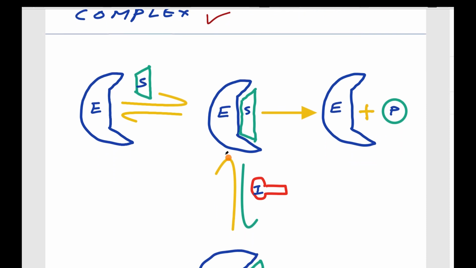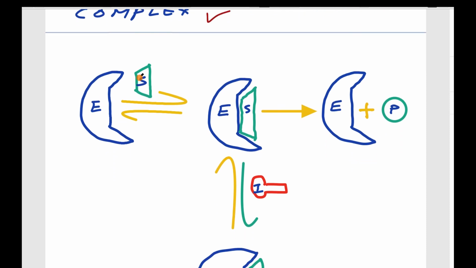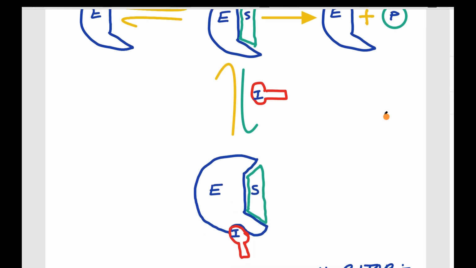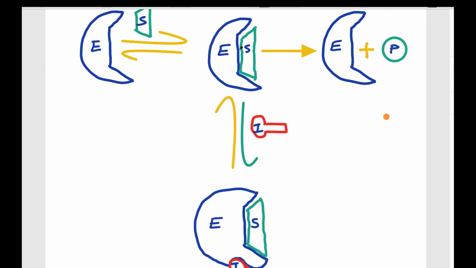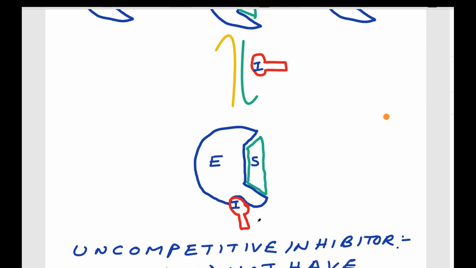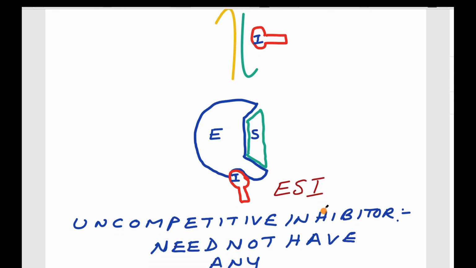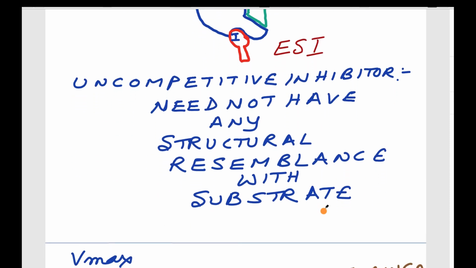Let us see diagrammatically. Enzyme and substrate, enzyme and product. If inhibitor is present, it interacts with the enzyme substrate complex, a binding site is created, and then enzyme substrate inhibitor complex formation takes place. Uncompetitive inhibitor need not have any structural resemblance with substrate.